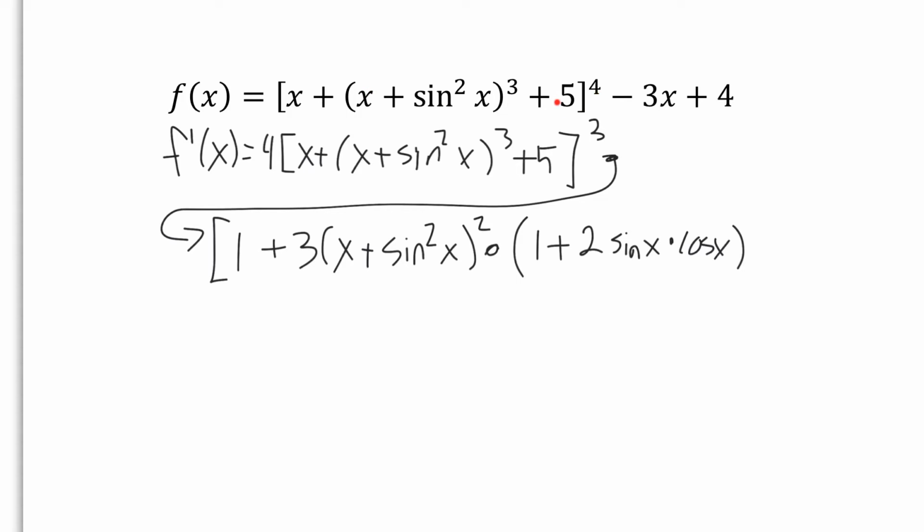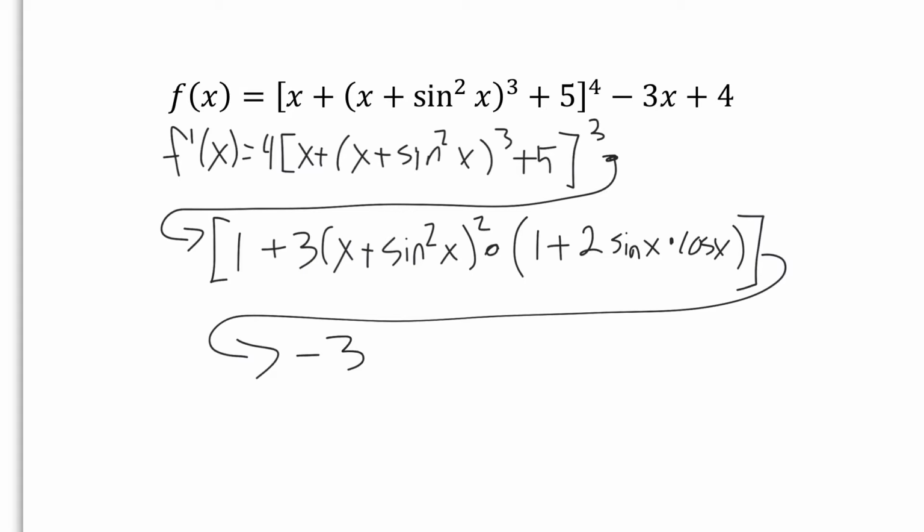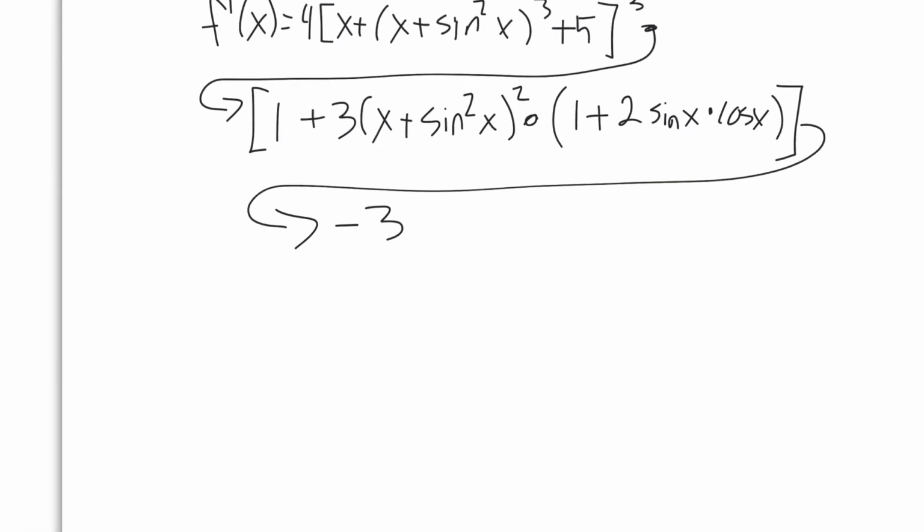And then we know the derivative of 5, of course, is 0. So we can close off the brackets. But don't forget that we have to now do the derivative of the final terms, the minus 3 and the 4 that we talked about earlier. So we should add our minus 3. Let's look at the next question.